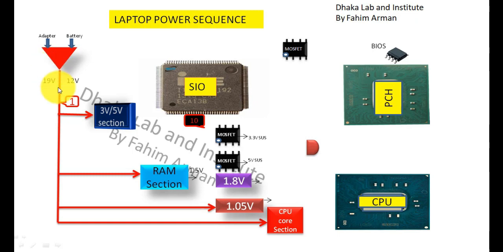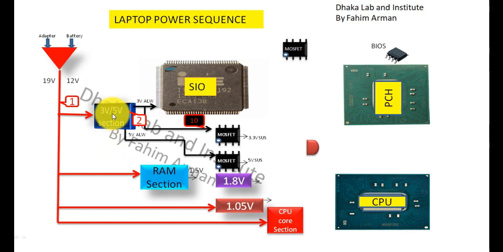Suppose an adapter is connected with that laptop, and 19 volt will pass first to the 3 volt 5 volt section, then the RAM section, then 19 volt will pass to the 1.05 volt section, it means the PCH section, then it will pass to the CPU core section. And then how this voltage will pass to the whole motherboard we will see now.